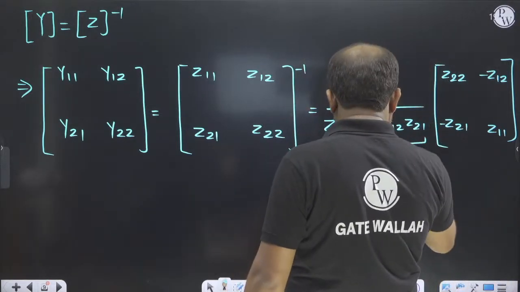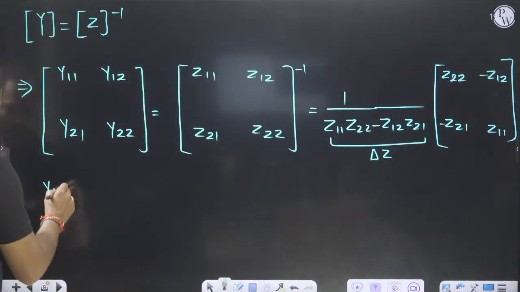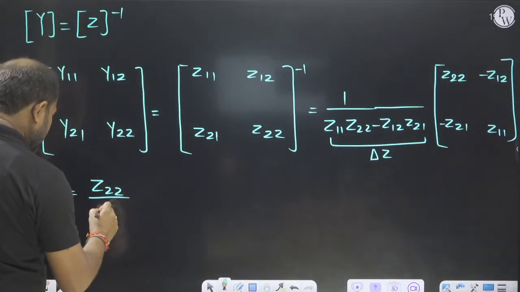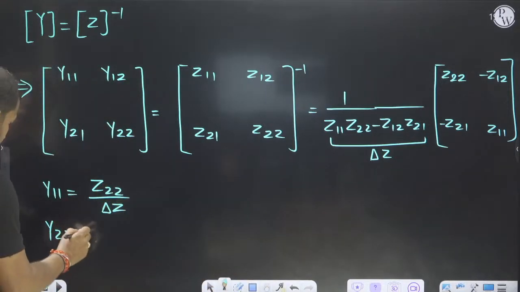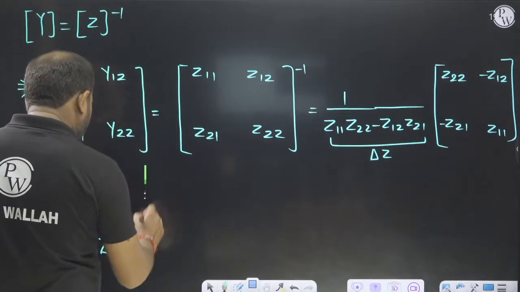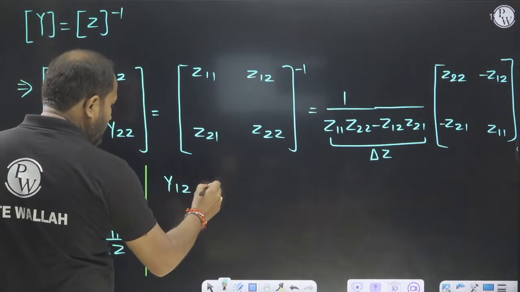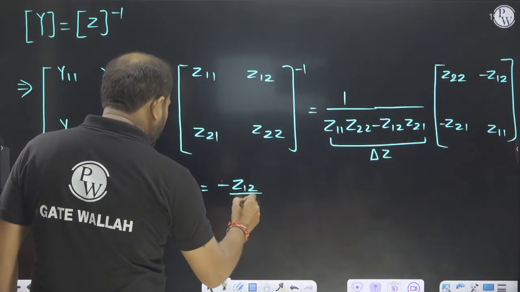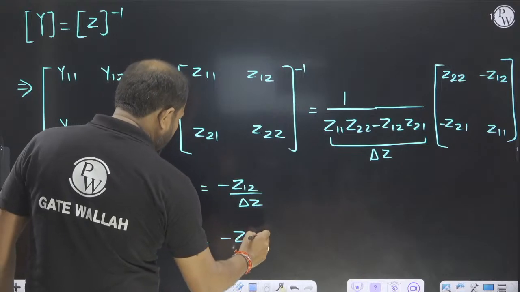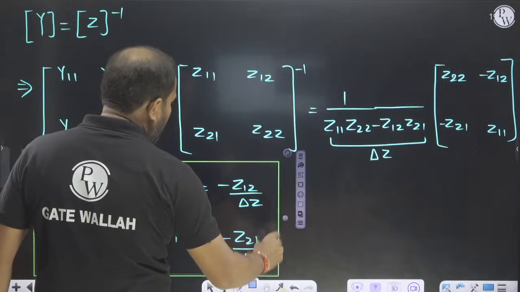This will be considered as delta Z. So I can write Y11 is Z22 divided by delta Z and Y22 is Z11 divided by delta Z. Then we will write Y12 is minus Z12 divided by delta Z and Y21 is minus Z21 divided by delta Z. So you can go through this formula.